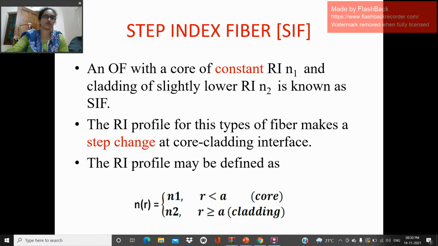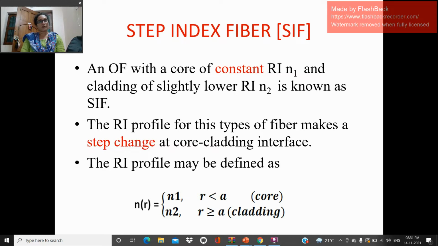The core refractive index should be constant, and the cladding of slightly lower refractive index is known as SIF. So the core refractive index should be constant and the cladding refractive index should be lower. That indicates the step index fiber.